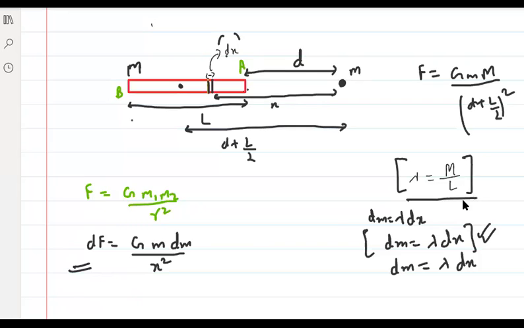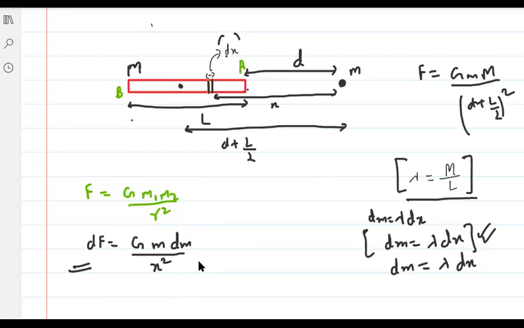Lambda is mass per unit length, which is your linear mass density. The mass of this small section of length dx is lambda dx. So dm is the small mass of this small section of the rod.